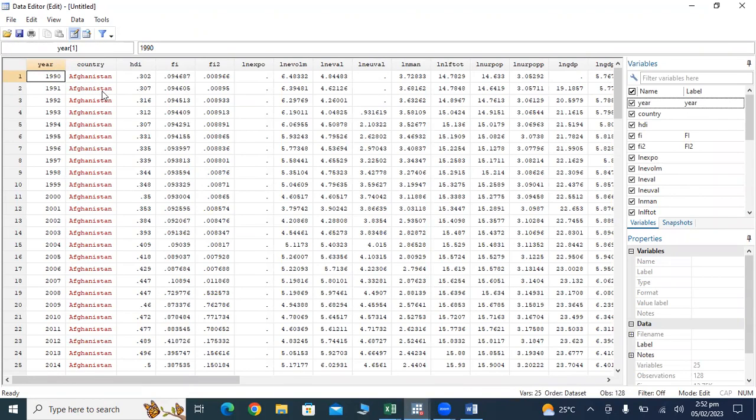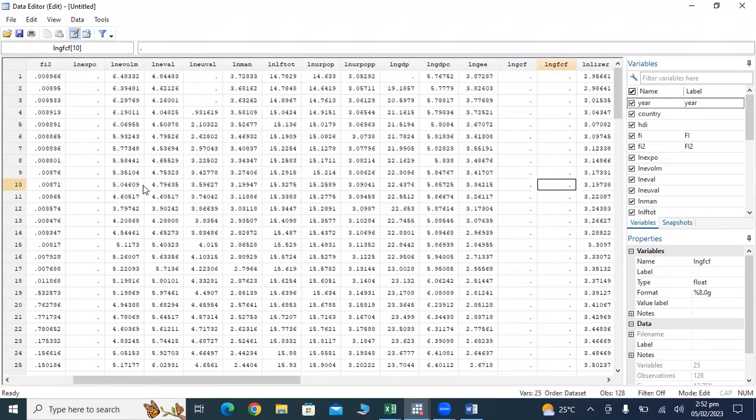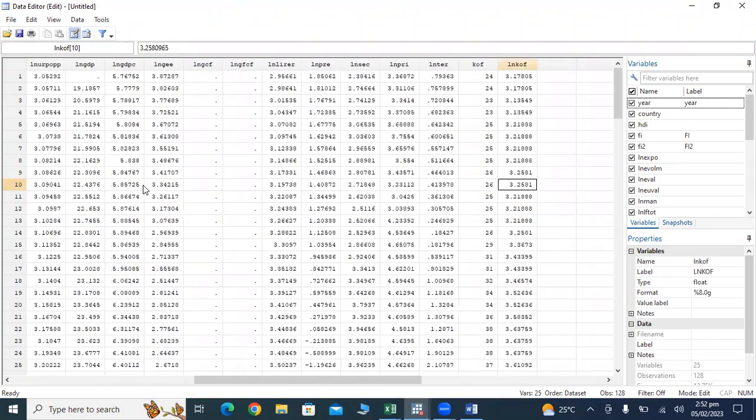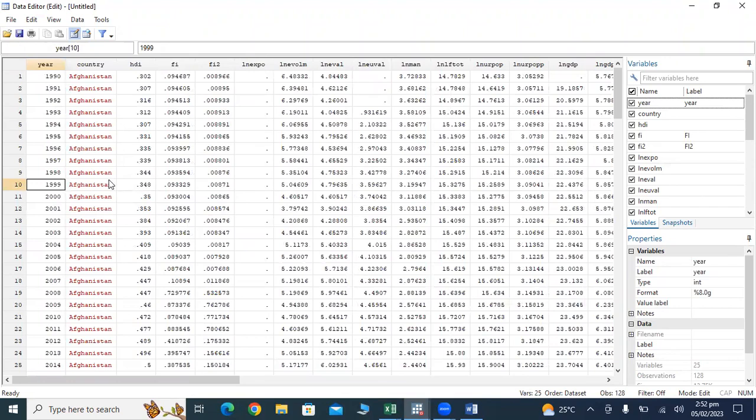The country column is red, while the other columns are black. It means Stata works only with numeric values, not alphabetic values, so we need to convert this column into numeric numbers.